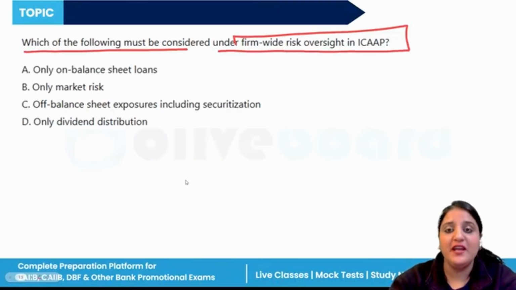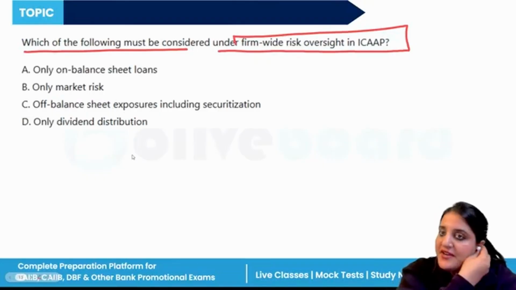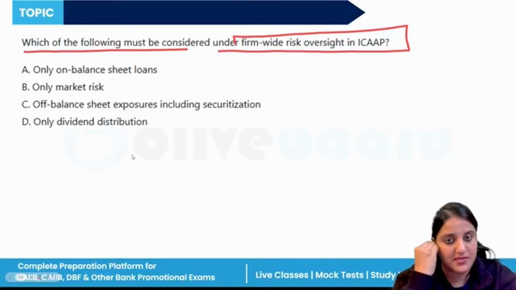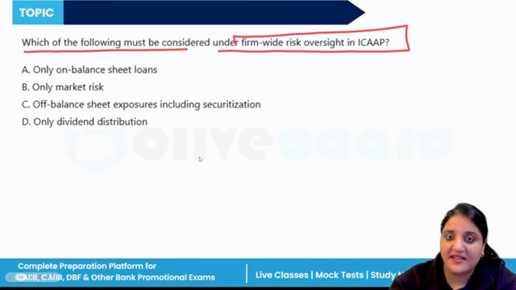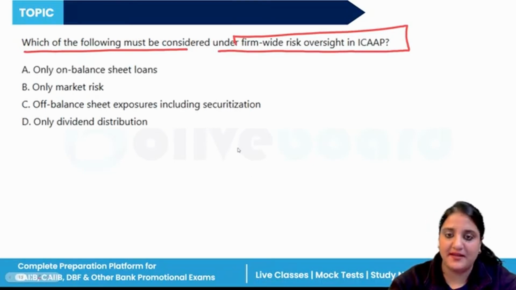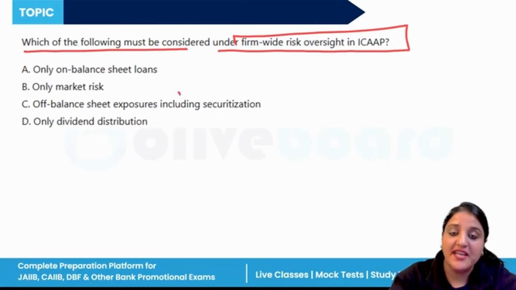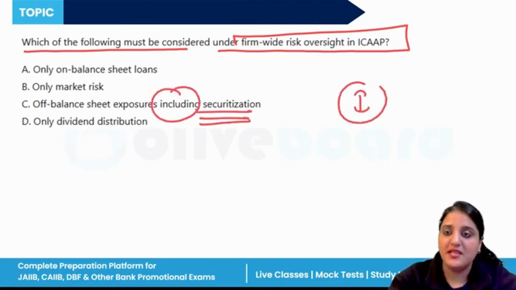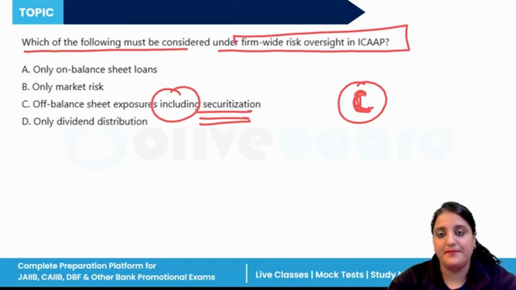ICAP has to cover risk management, off-balance sheet exposure, reputational risk and support, stress testing practices, and also some type of compensation practices. So ICAP has to consider off-balance sheet exposures, including securitization. So option C is correct there.